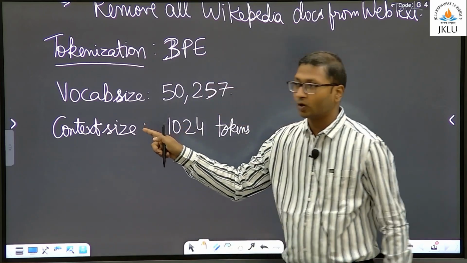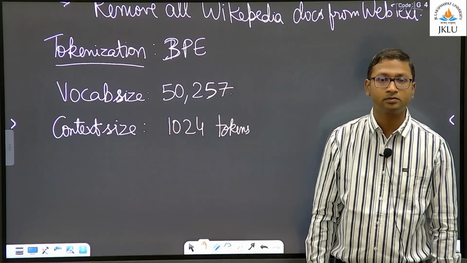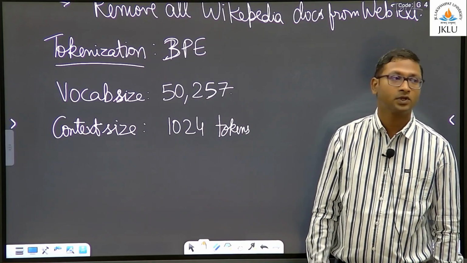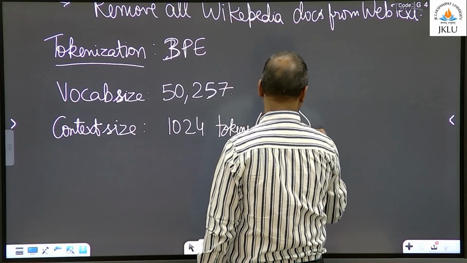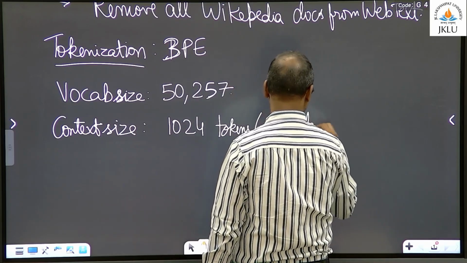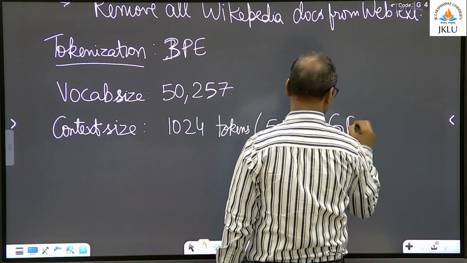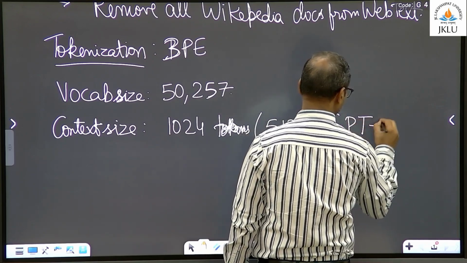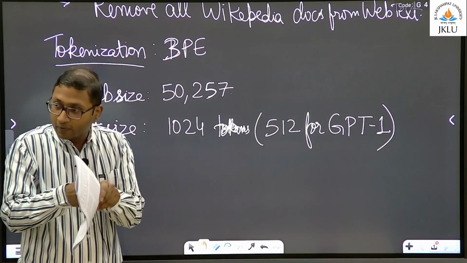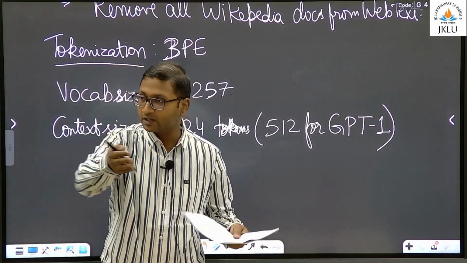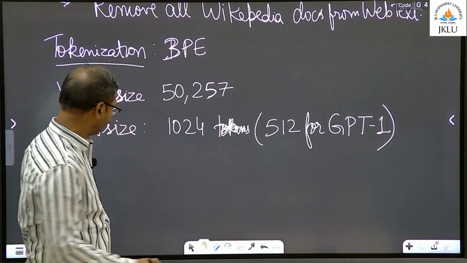What was context size for GPT-1? 512. Context size is the number of inputs that I am giving, because that is the context of words that I am providing to the model.